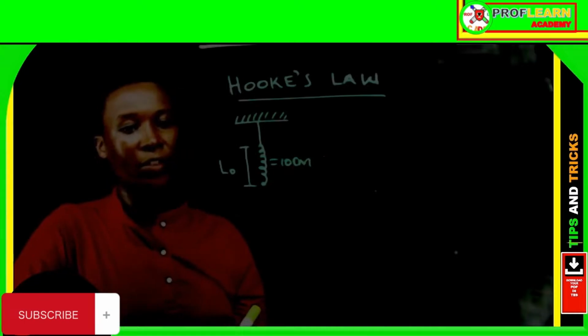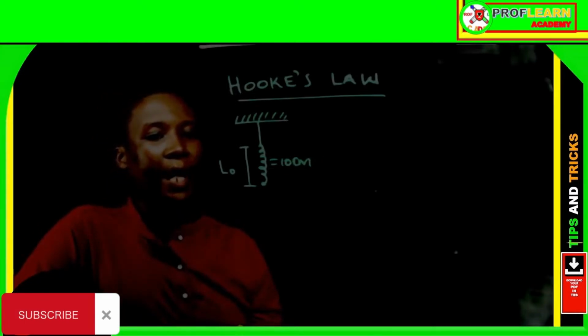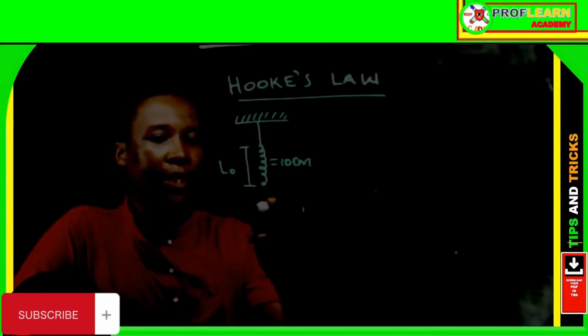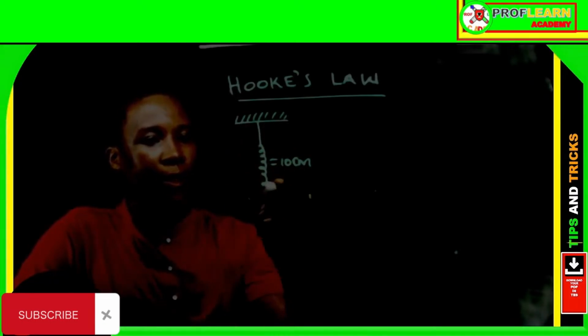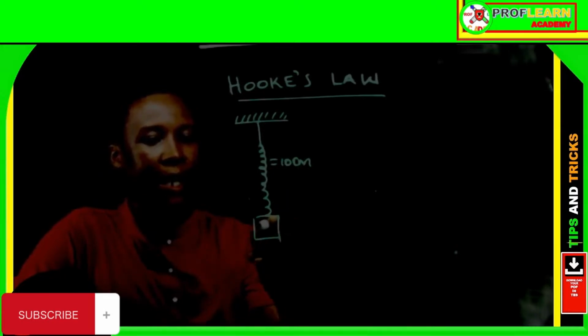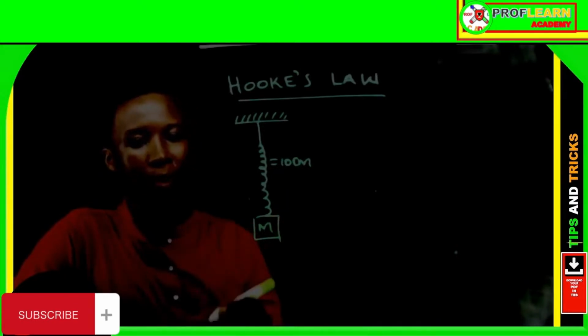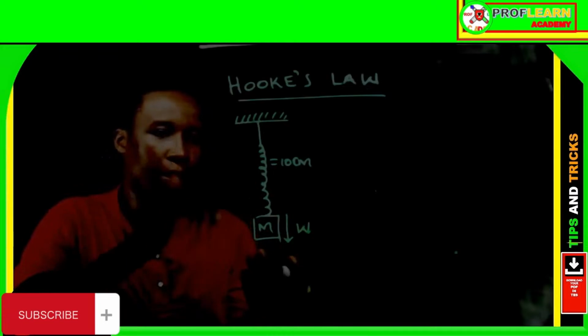Then what will happen if we add some mass on this spring? If we add some mass, basically this spring is going to stretch. It will become longer because of the weight of this particular object.